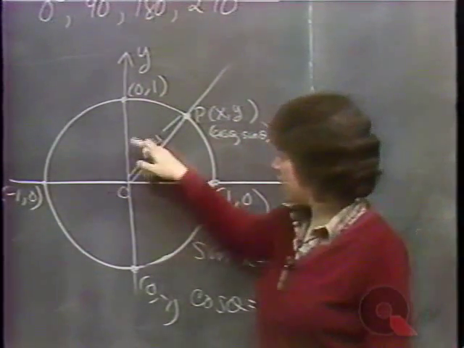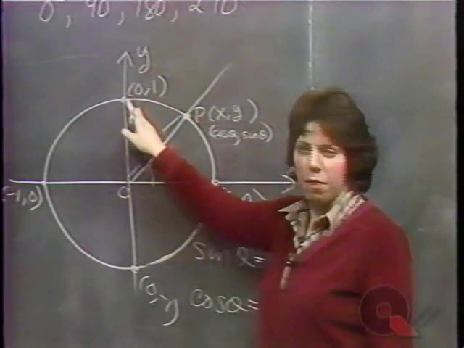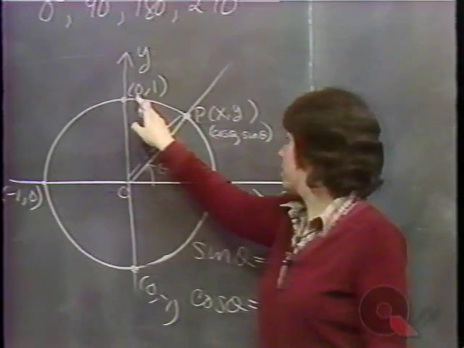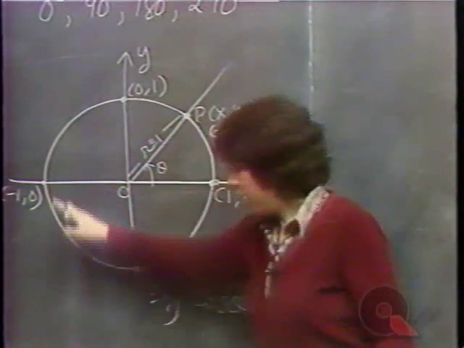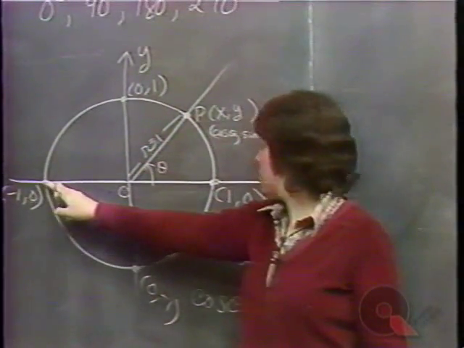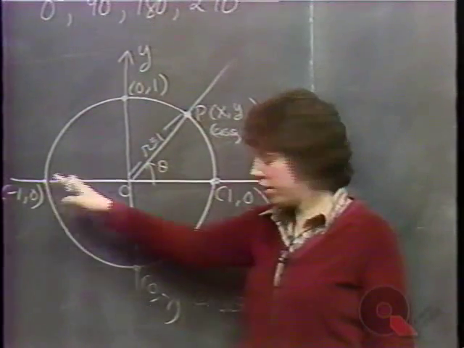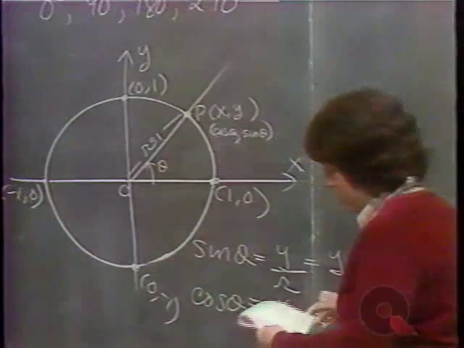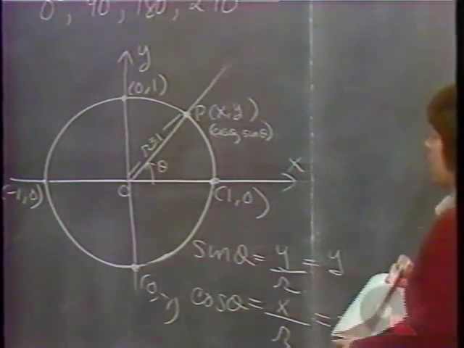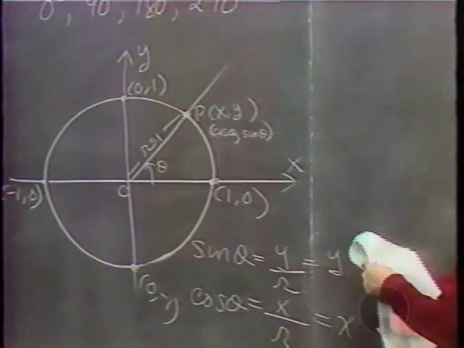Similarly, when theta is 90 degrees, point P is up here. The x-coordinate giving us the cosine of 90 degrees and the y-coordinate giving the sine. Here, when point P is here, the angle theta is 180 degrees, and when point P is down here, the angle theta is 270 degrees. Let's accumulate these values in chart form.